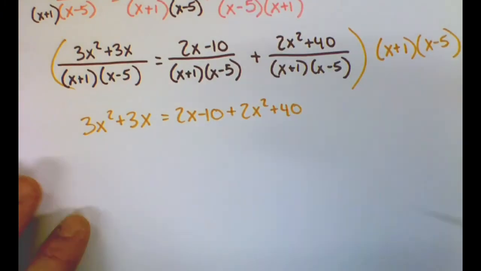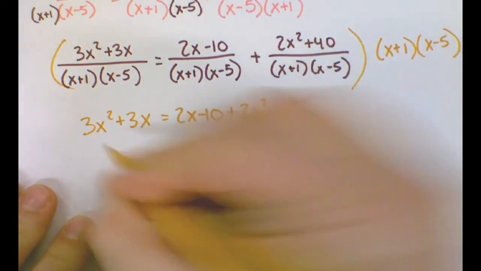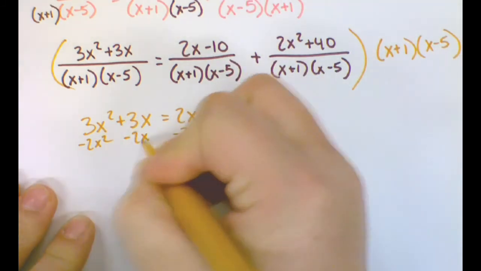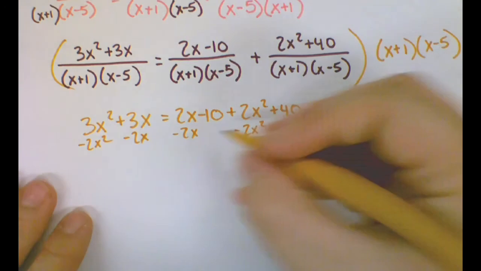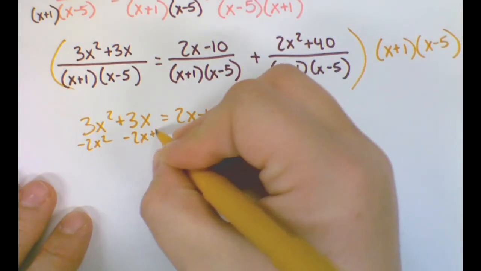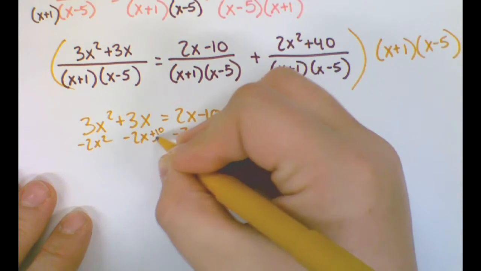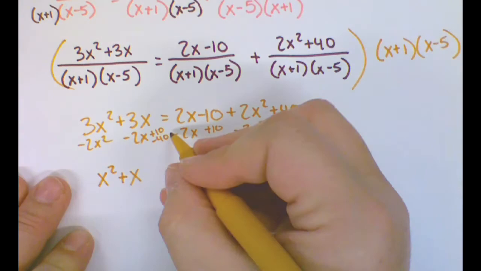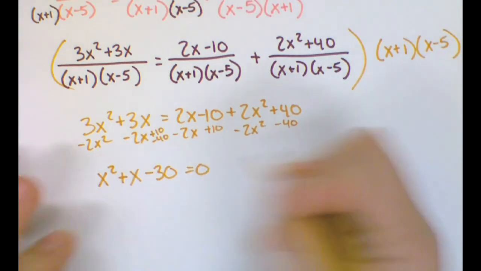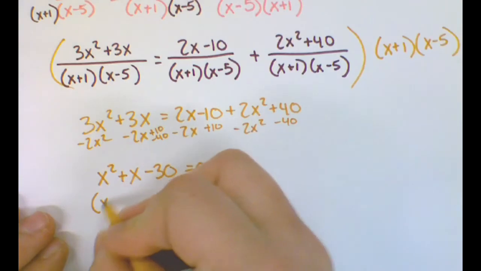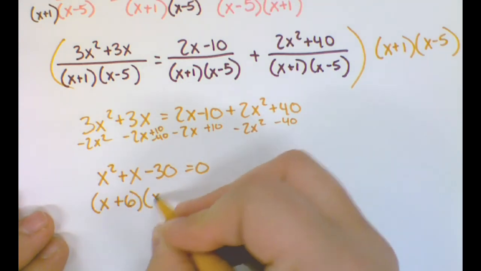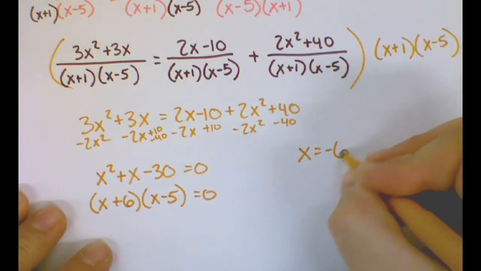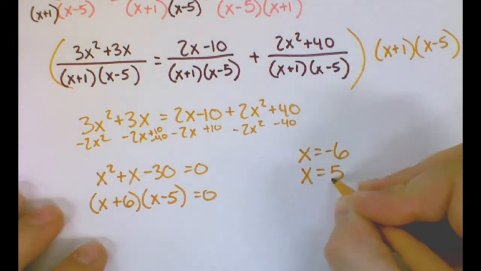To solve, we want to get everything on one side. There we go. So I get 1x squared plus 1x minus 30. I factor x plus 6, x minus 5. My solutions are x equals negative 6 and x equals positive 5.